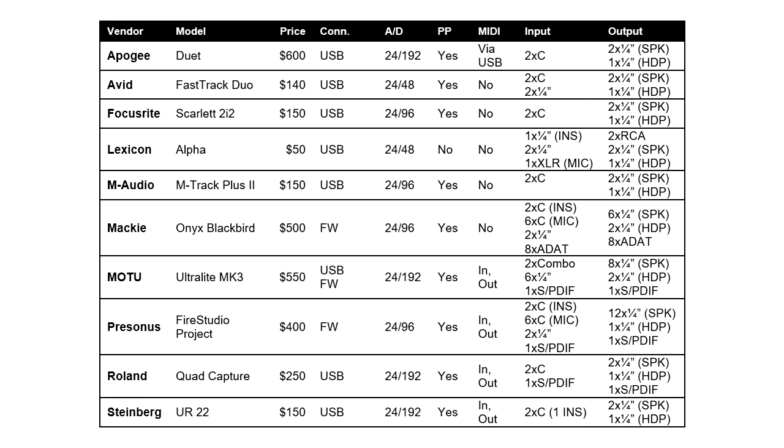It has 9 columns: vendor, model, price, connectivity, A to D converter type, phantom power, MIDI, inputs, and outputs. Vendors represented are Apogee, Avid, Focusrite, Lexicon, M-Audio, Mackie, Modu, PreSonus, Roland, and Steinberg, with prices ranging from $50 to $600.